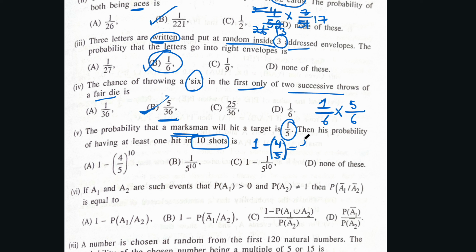This would be probability of not hitting, but in 10 throws, we are talking about now.